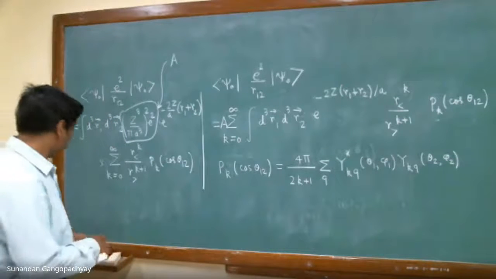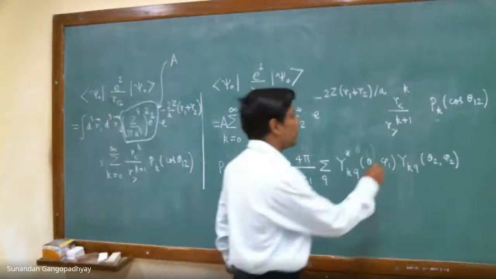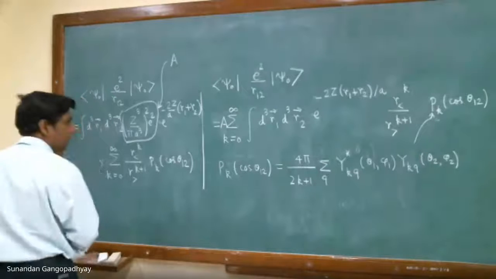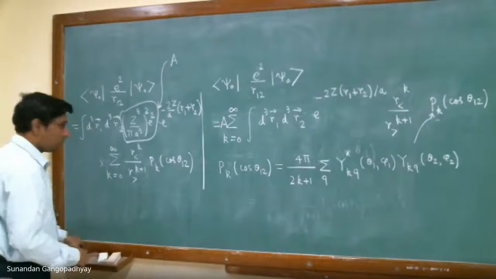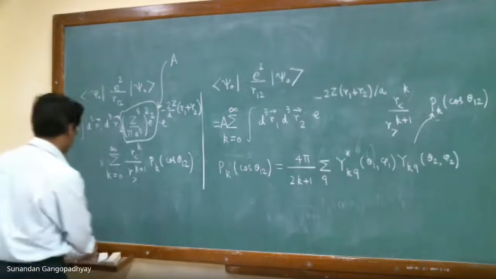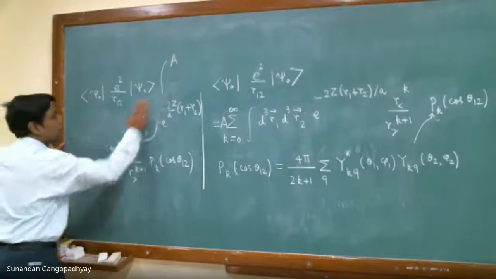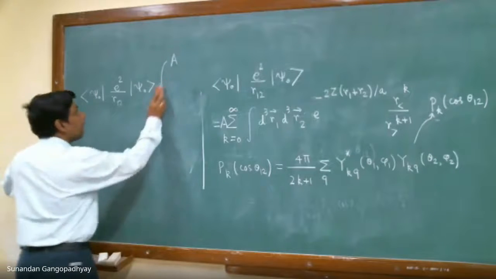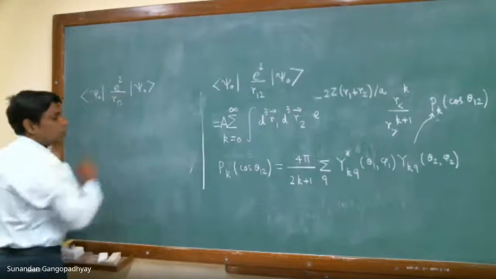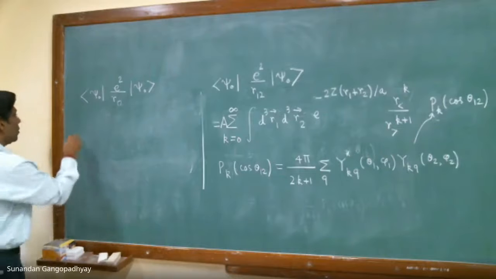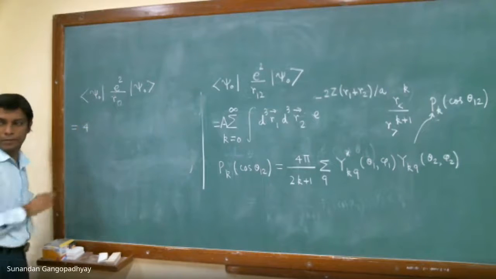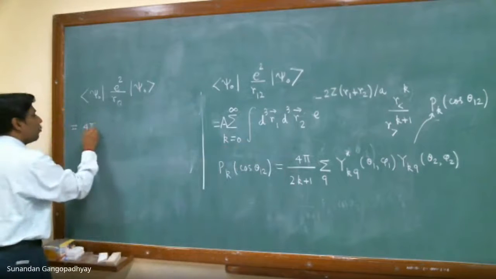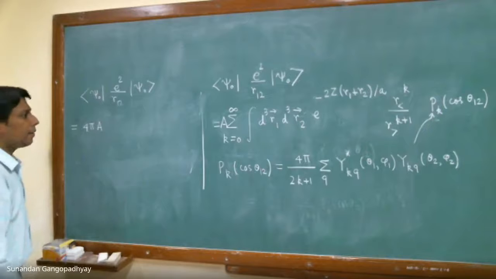So what we now need to do is use this and plug it in this expression. You just remember what the value of this constant a is. So I take this 4 pi outside. So you have a 4 pi constant a.